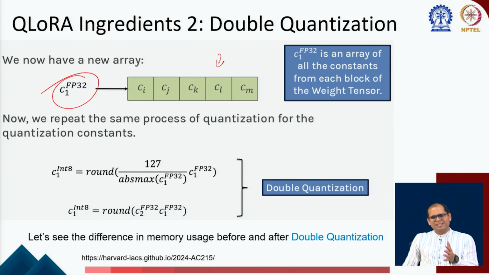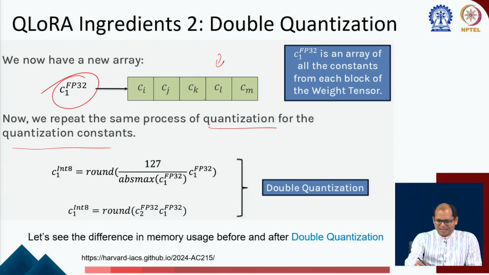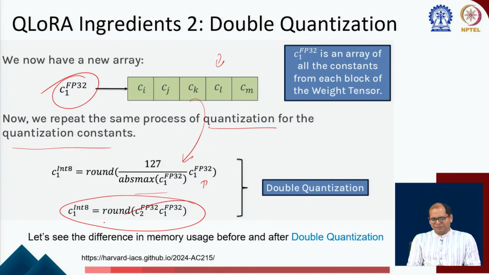So I quantize these constants again, repeating the same process. Again you find the abs max, say 127 divided by that, do the rounding, and you have your new integers to store these constants, right? And this is why this particular method is called double quantization.